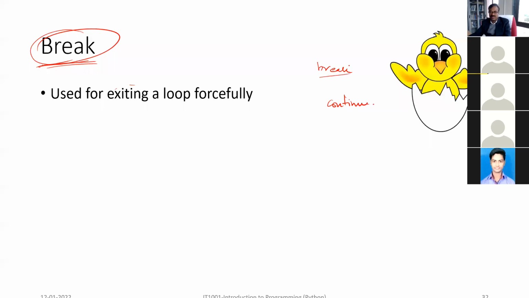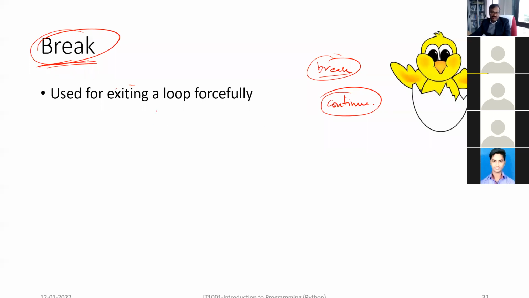Right. So we can make use of these 2 statements inside those loops, whether they are for loops or while loops. Now, why on earth would somebody use this break statement inside the loop, right?